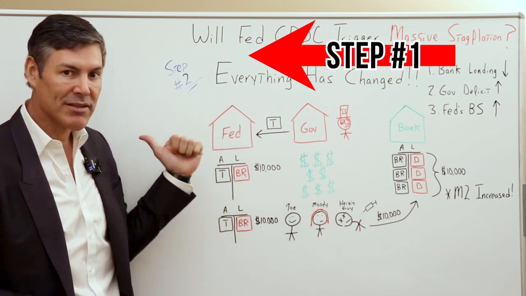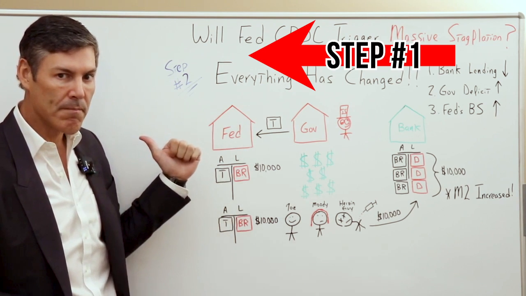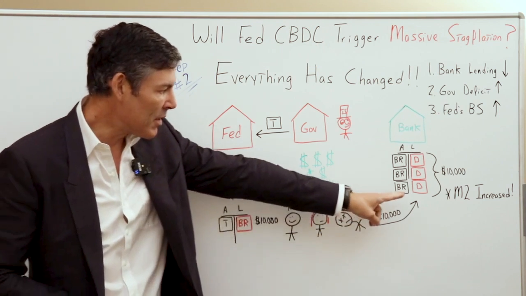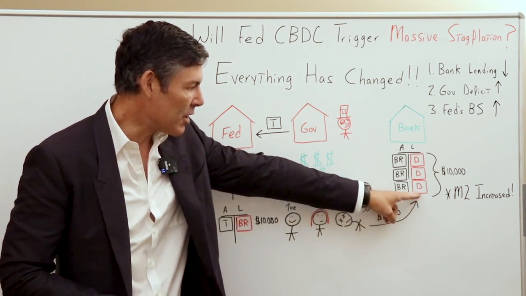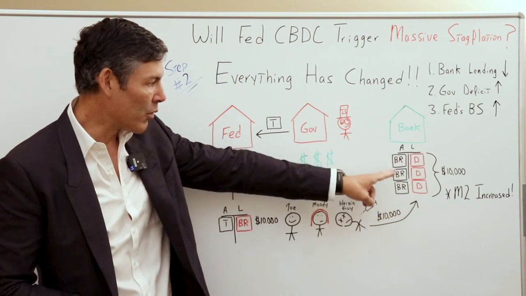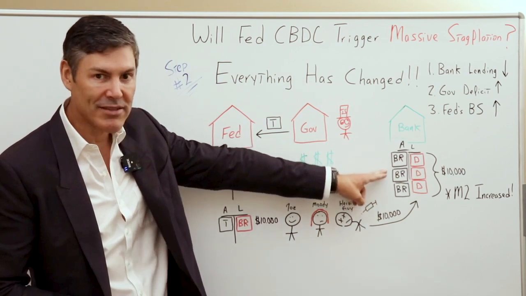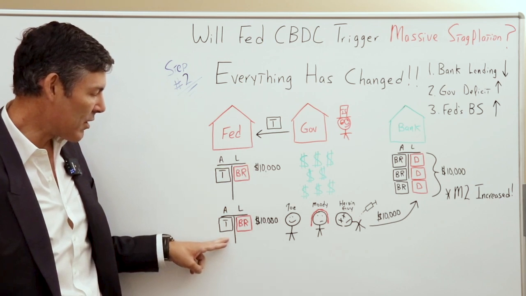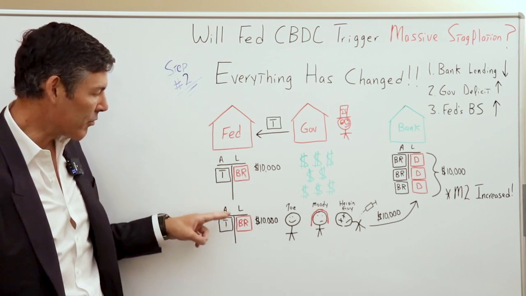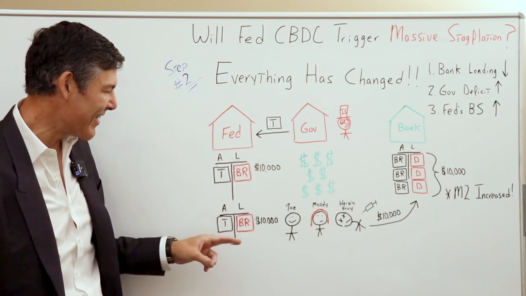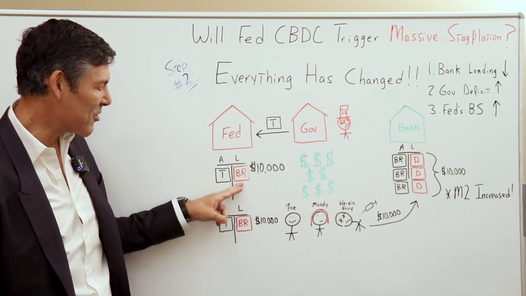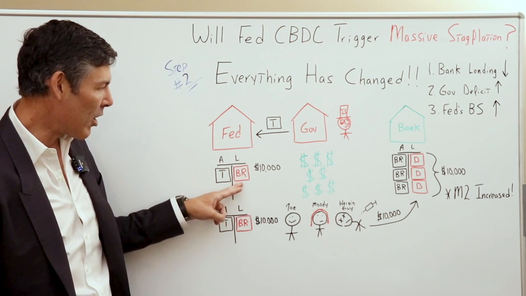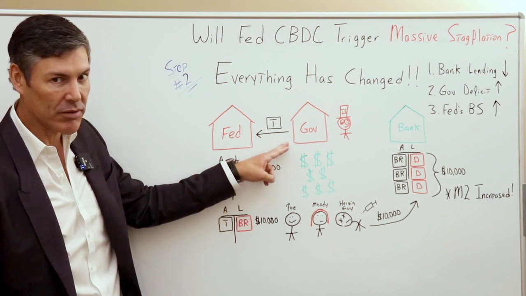But remember, going back to step number 1, the banking system can't take additional liabilities without getting additional assets. So what happens, and what I illustrated in this second balance sheet, although it's pretty much the exact same, here the $10,000 in bank reserves are held in the government's account.